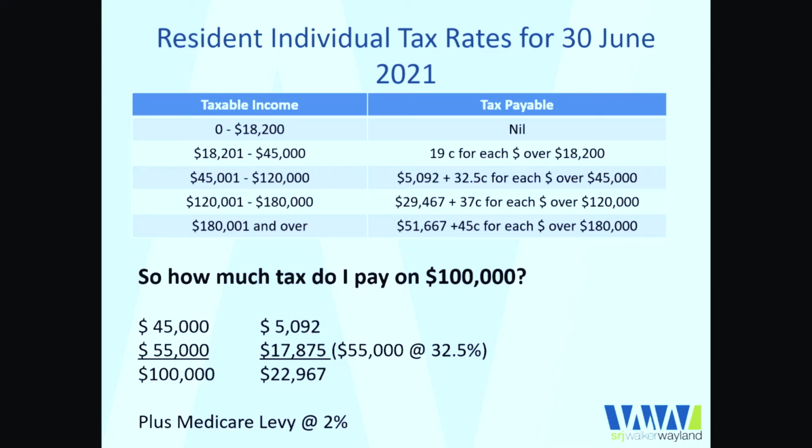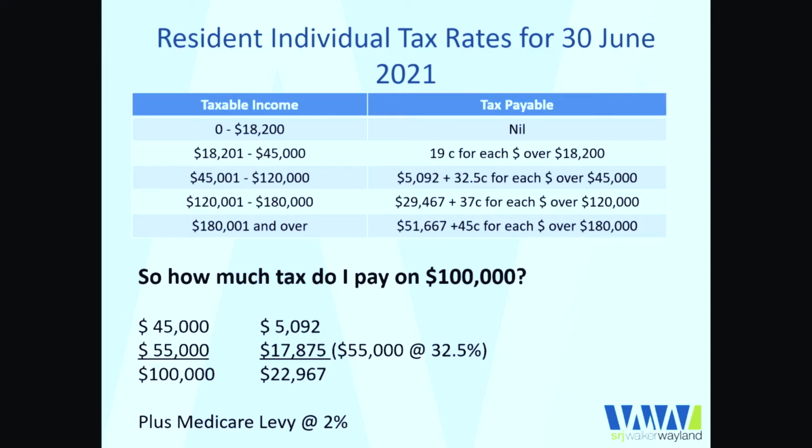So that means on my first $45,000 worth of income, I pay $5,092. Then the balance of $55,000, which falls in the $45,000 to $120,000 tax bracket, I pay tax on that $55,000 at 32.5%. So on $100,000, my income tax payable is $22,967.